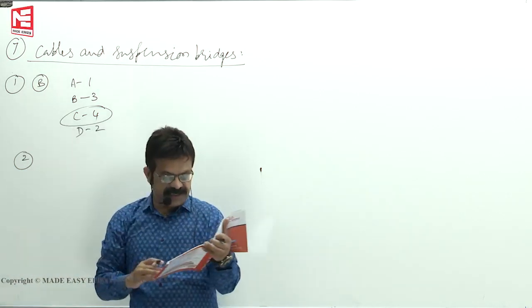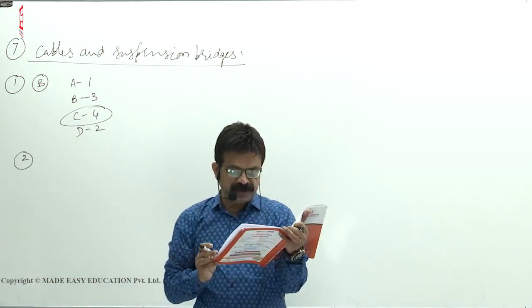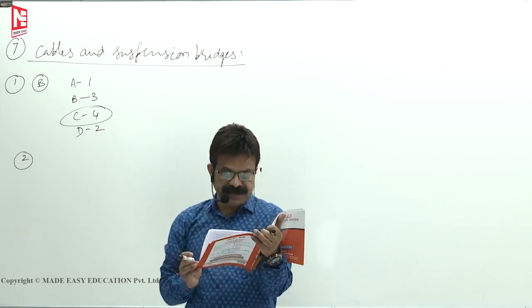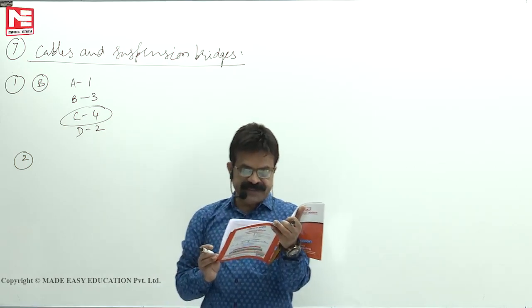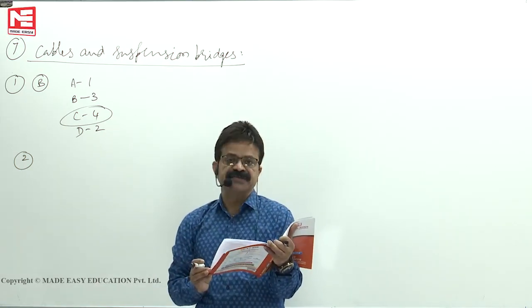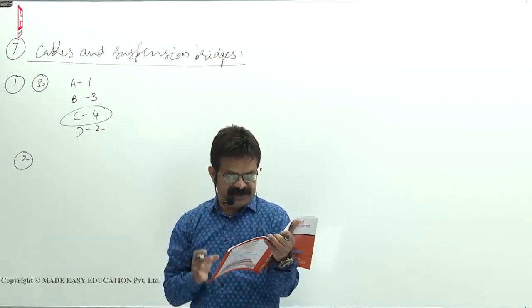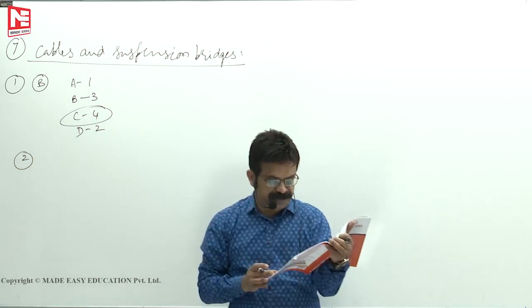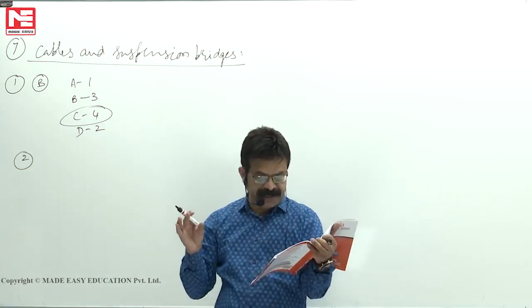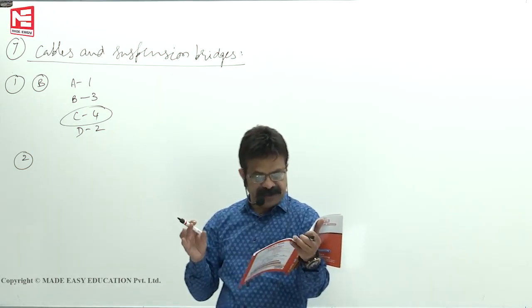Next, second question. Consider the following statements. Even though a three-hinged parabolic arch is subjected to vertical loads, it generates horizontal reactions and axial forces. Correct? Because we have seen horizontal thrust and also normal thrust. A cable uniformly loaded along the horizontal span assumes the shape of a parabola. Correct?